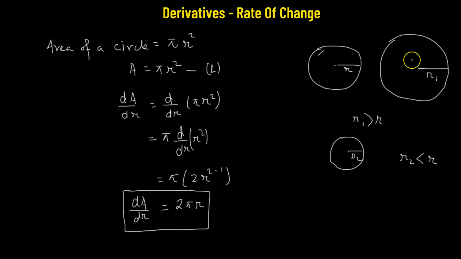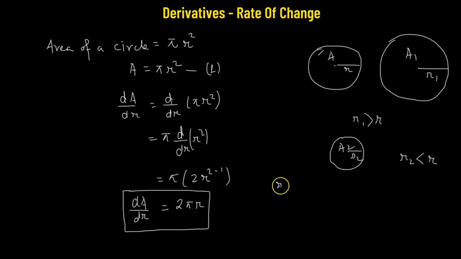So in the first case, this is our area 1 and this is area 2. You can clearly see that area 1 will be greater than the original area A, whereas area 2 will be less than the original area A. The question is, at what rate are these areas changing when the radius r changes. So this is the meaning of an instantaneous rate of change.